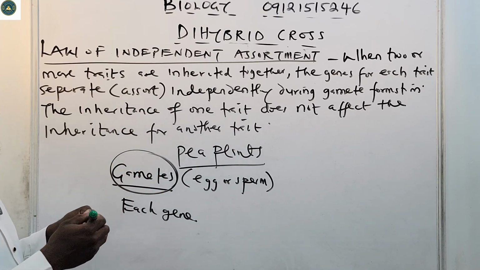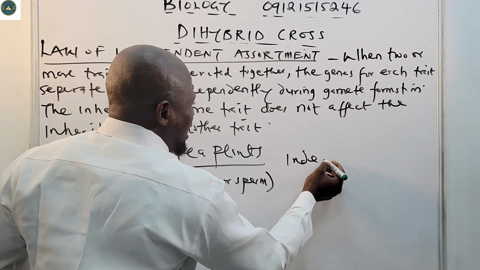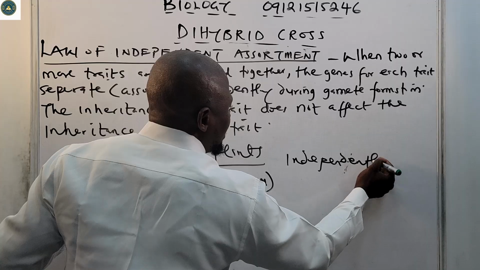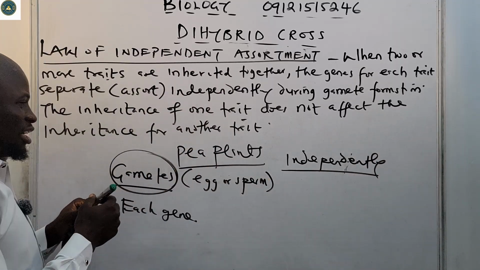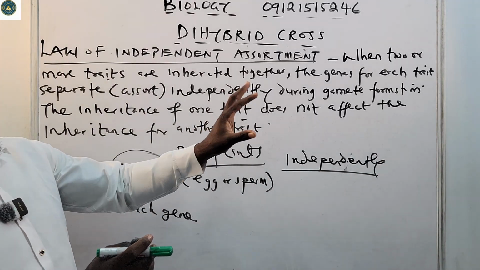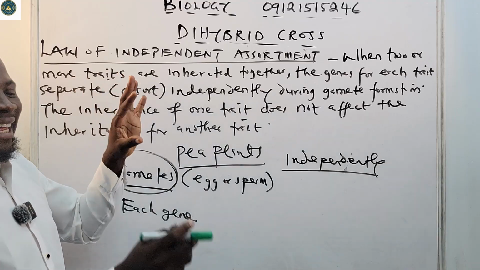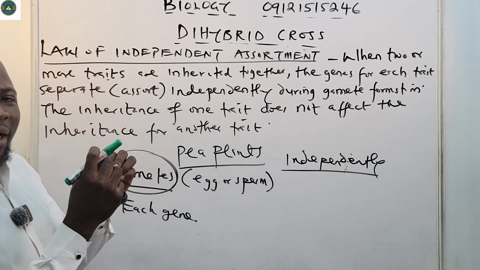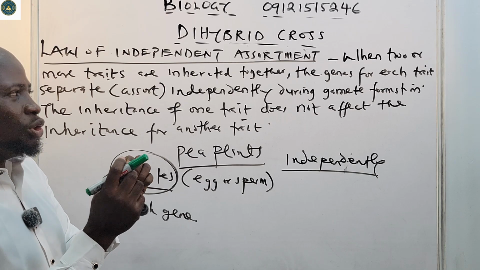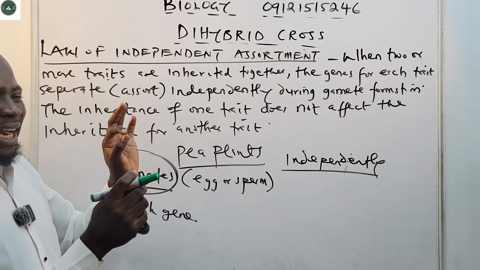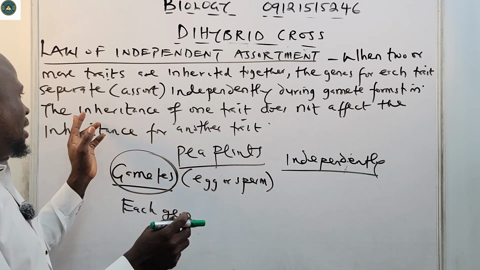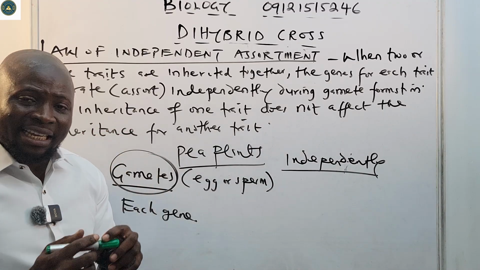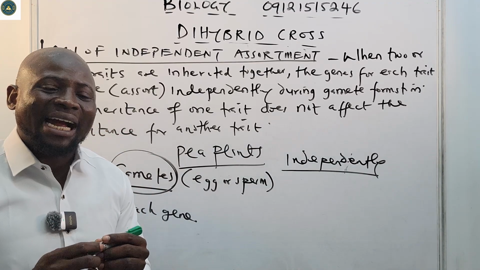They assort independently. That's why the law is saying that when two or more traits are inherited together, the genes for each trait separate, usually during gamete formation. They assort independently, and the inheritance of one trait does not affect the inheritance of another trait.